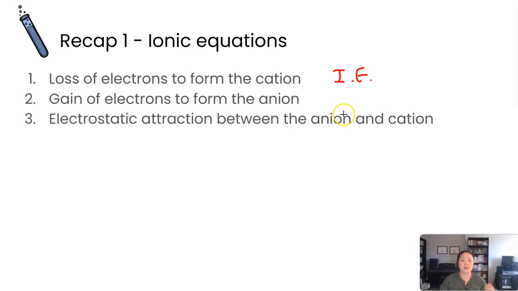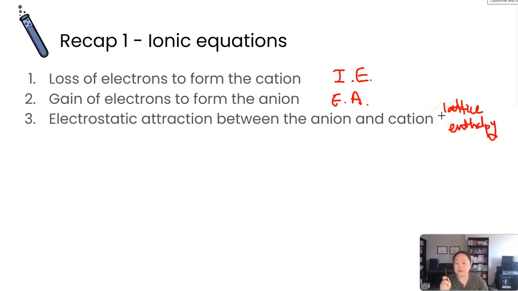When it comes to the gain of electrons to form the anion, the energy associated with that is electron affinity. There is another one, and that's the electrostatic attraction between the anion and the cation. That one is a little bit newer, but I should have talked about that in the definitions lesson. The energy associated with this process is lattice enthalpy.